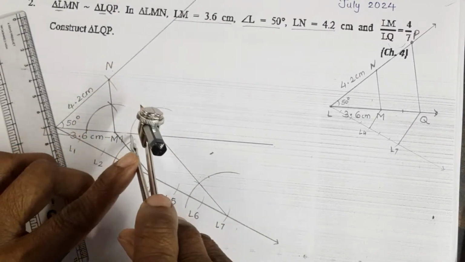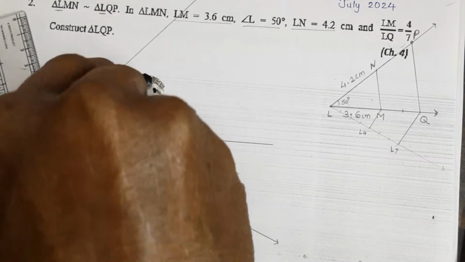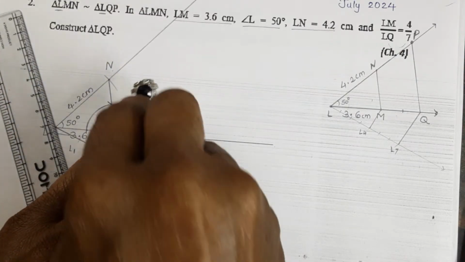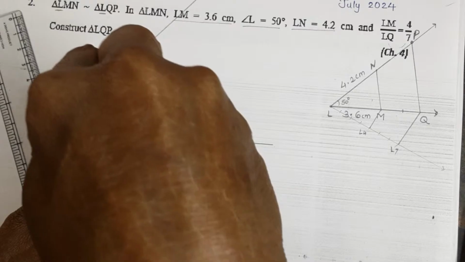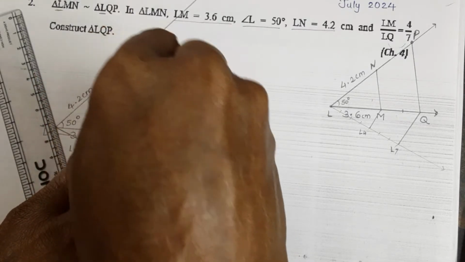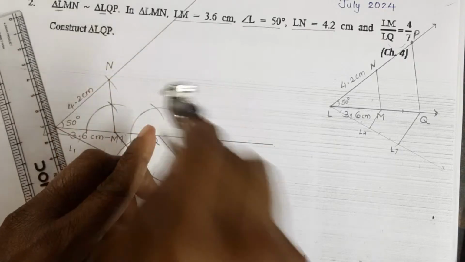Take this distance. So the intersecting point is here, and then make the arc as it is, the first arc, because it will be fainted out.